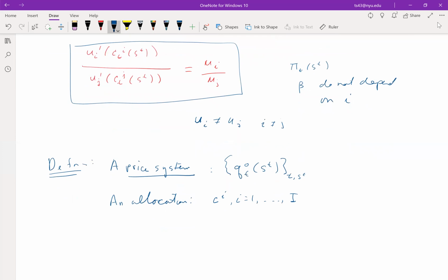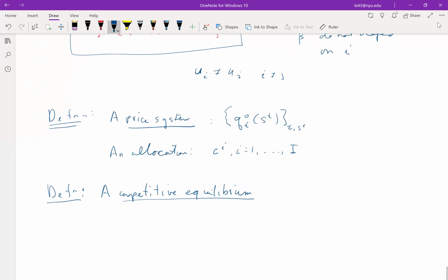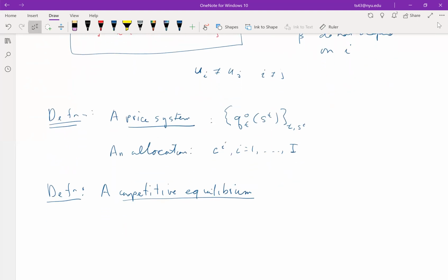Those are definitions. And now here's a key definition. It's good to keep this in mind. A competitive equilibrium. That's what we're defining. It's good to remind yourself of these. So a competitive equilibrium is some stuff.